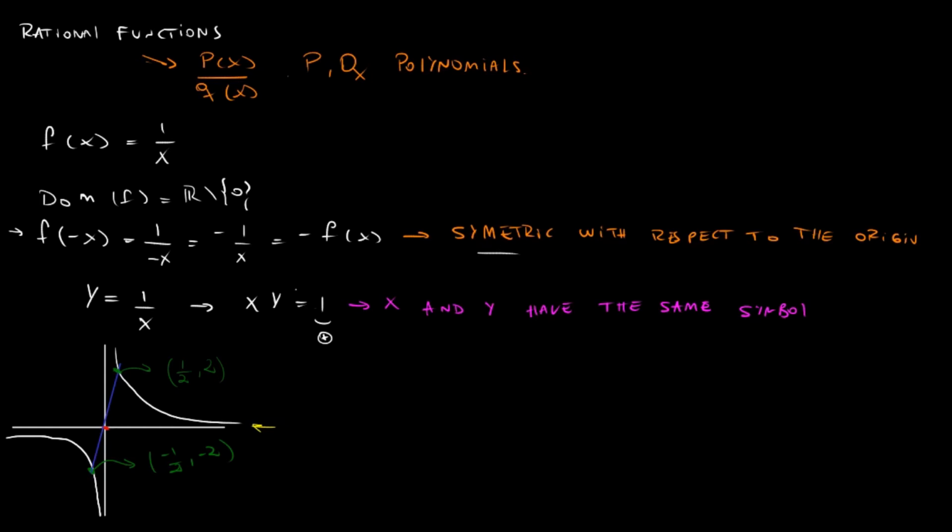We know that there is no x such that f of x can be 0, because then 0 would be equal to 1 over x, and this is impossible. We do know, however, that when x is big, and I'm going to draw it like this, when x goes to infinity, this is when I move in this direction, then 1 over x will be as small as possible.